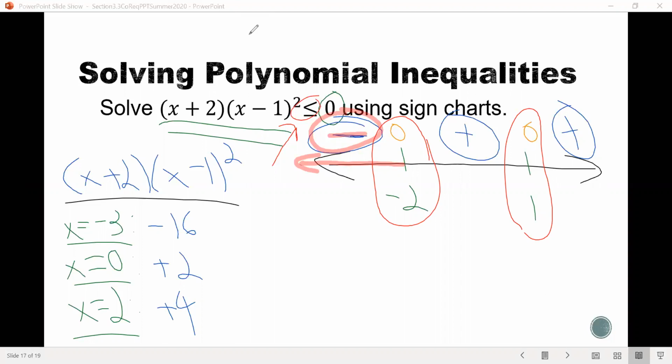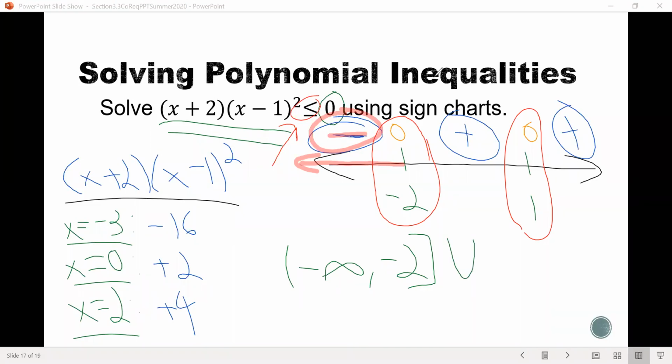So we'll write our answer in interval notation. We'll first describe all values less than -2, so we have negative infinity up to -2. At this point, we can actually include -2, because we're looking for where it's less than or equal to 0, and it's equal to 0 at -2.